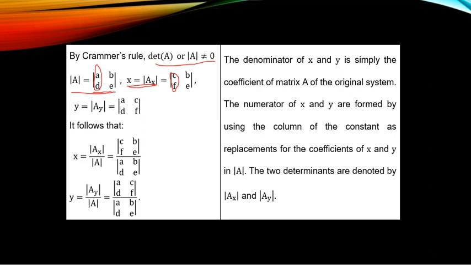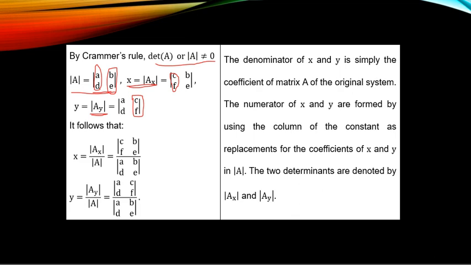You also look for the determinant of A sub y. To get that, this is the coefficient matrix, but you replace the y column with the constant matrix.